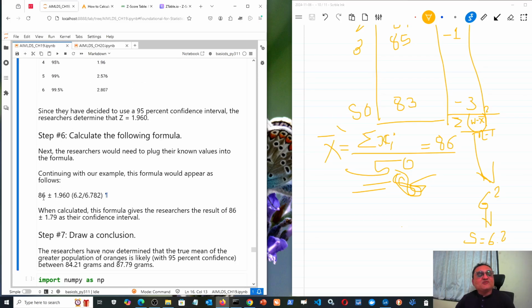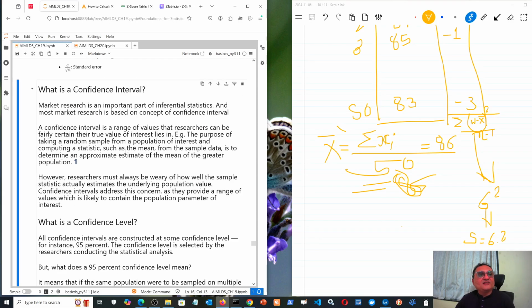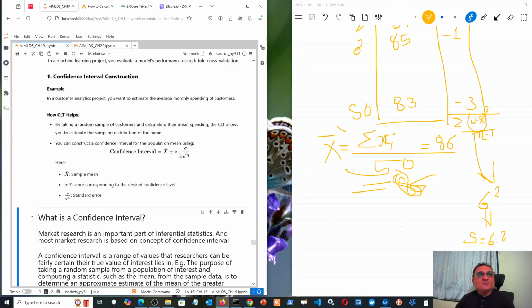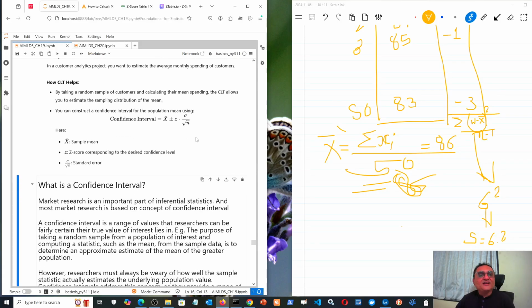So you can use this formula for calculating the confidence interval. It is X bar plus or minus Z multiplied by sigma, that is the standard deviation of the sample, here shown by S, divided by root n.